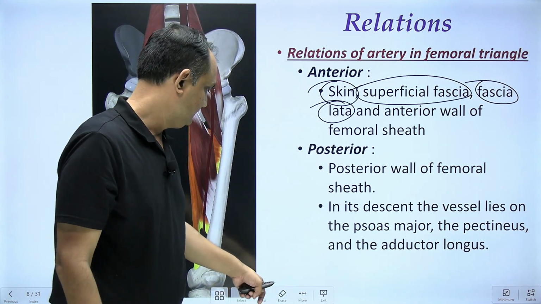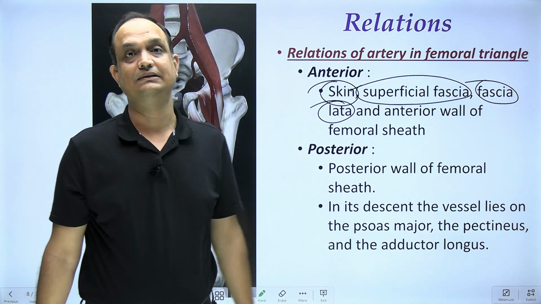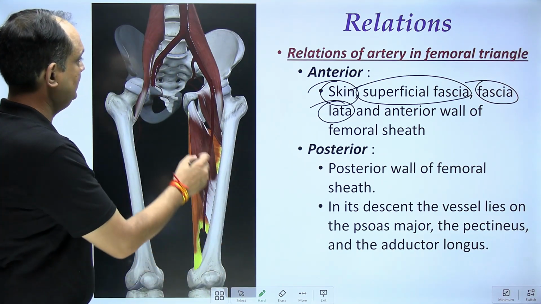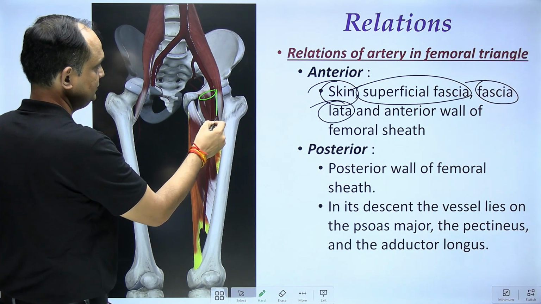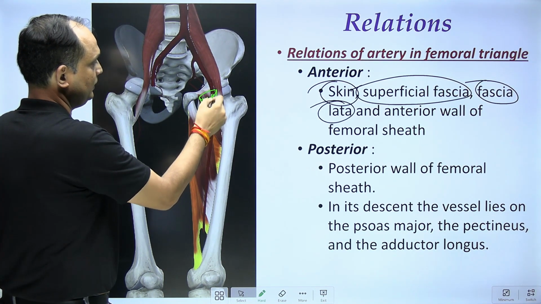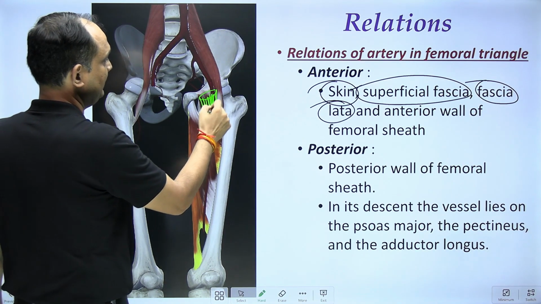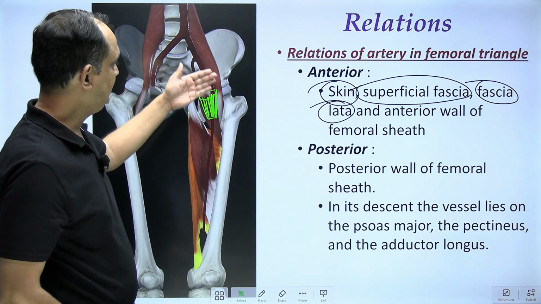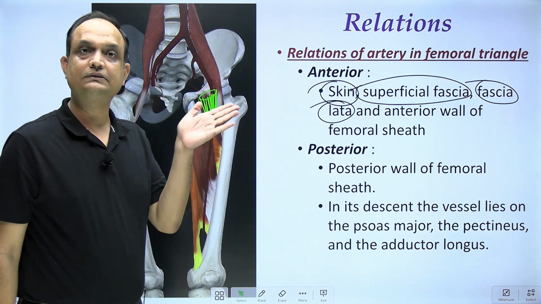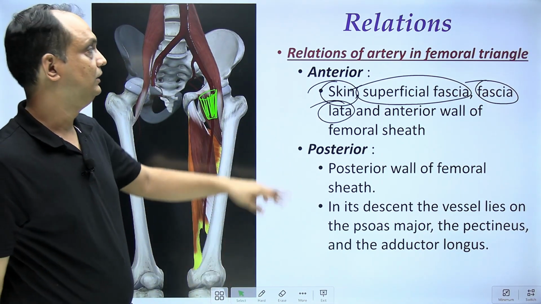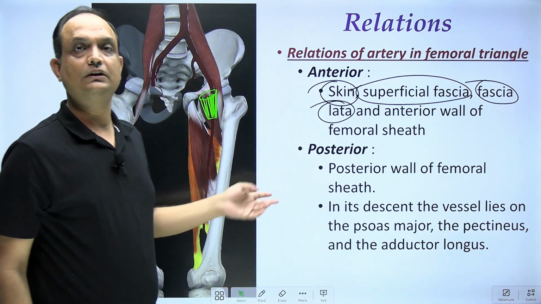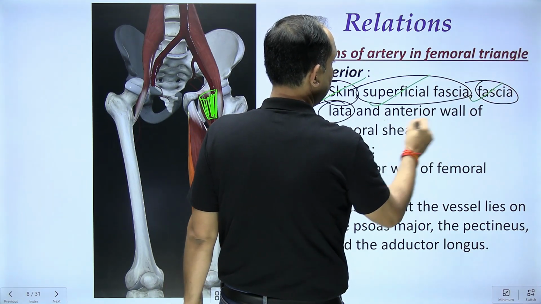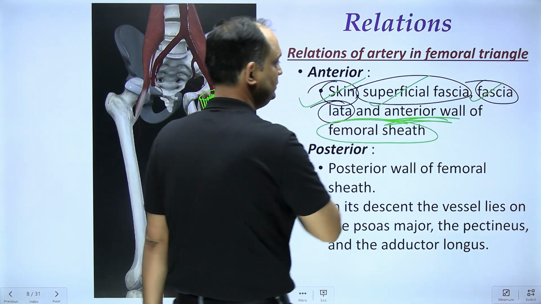You know that the proximal part of the femoral vessels is covered by a layer known as the femoral sheath. This sheath covers the proximal 3 to 4 centimeter part of the femoral artery as well as the femoral vein. So the anterior layer of the femoral sheath comes in anterior contact with this artery. So what are the anterior relations? Skin, superficial fascia, fascia lata and the anterior wall of the femoral sheath.